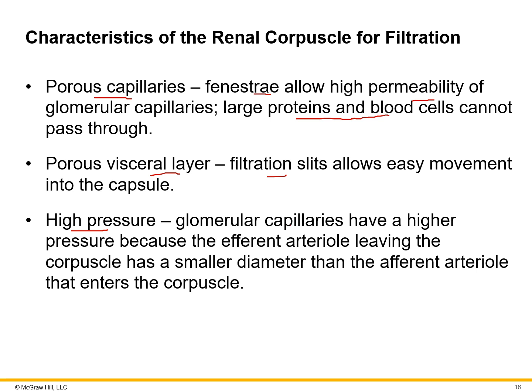The glomerular capillaries have a higher pressure because the efferent arterioles, the ones leaving, have the smallest diameter. So they control that pressure by using diameter. The glomerular capillaries have that higher pressure because there's a smaller diameter in the efferent than in the afferent arterioles.